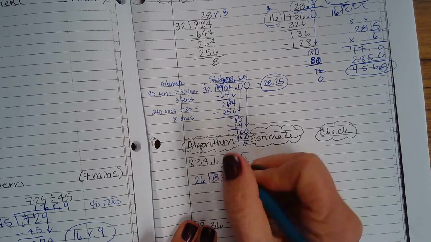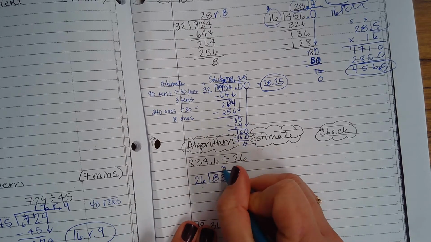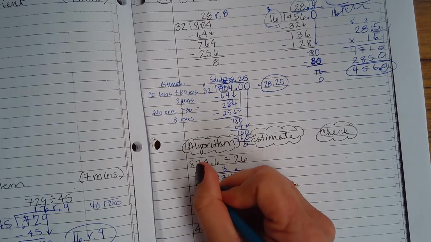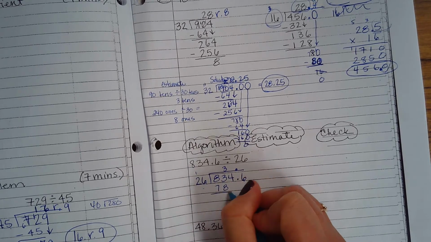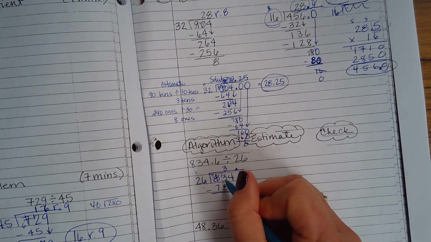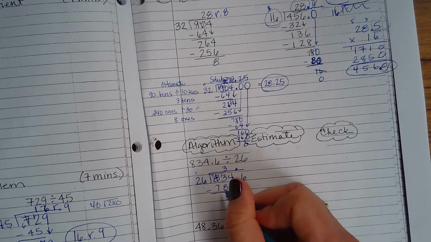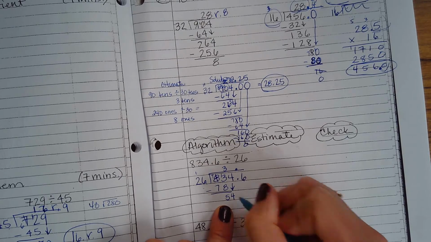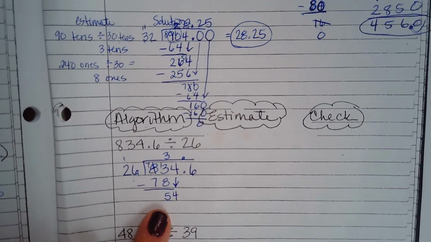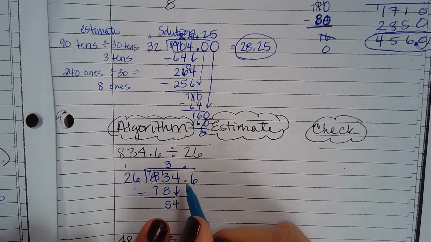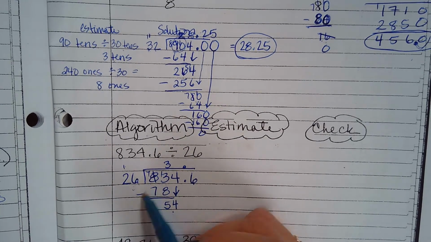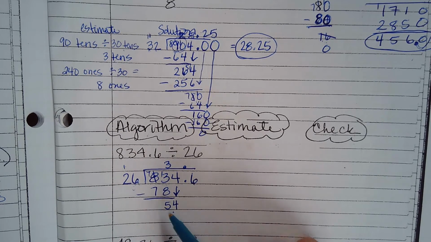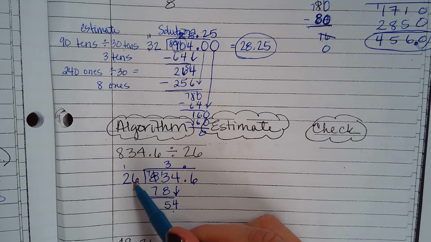All right, so let's go 3. So 3 times 6 is 18. 3 times 2 is 6 plus 1 is 7. 13 minus 8 is 5. Okay, we're good. Bring down the 4. Bring down a copy of the 4, if you will. Now, how many times? Okay, so we have 50 and 20. Or you have 50 and 25. 50 and 25.